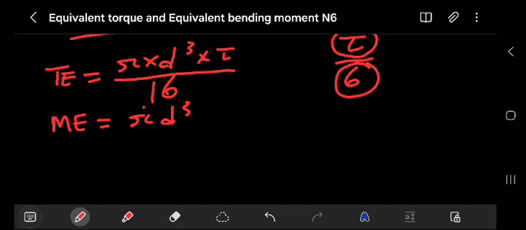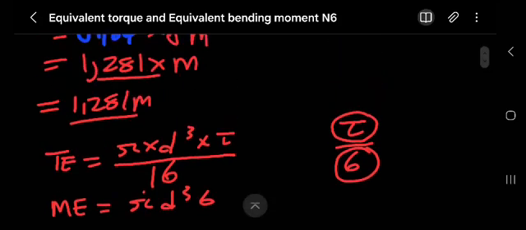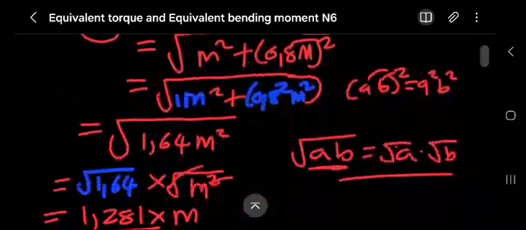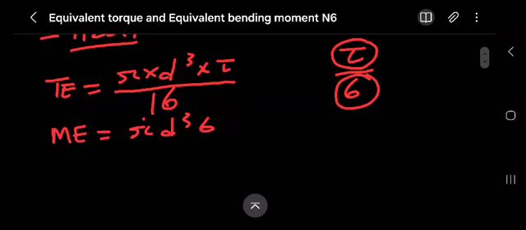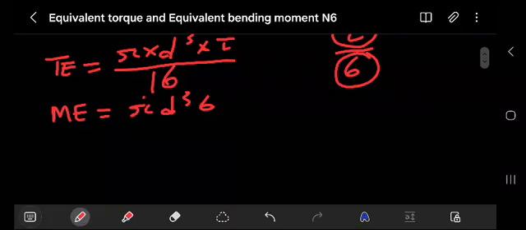You still know that it's ME, isn't it, multiplied by the principal stress, or they wanted the tensile stress. Let me just say principal, we have that stress, then we divide this by 32, which is our formula.